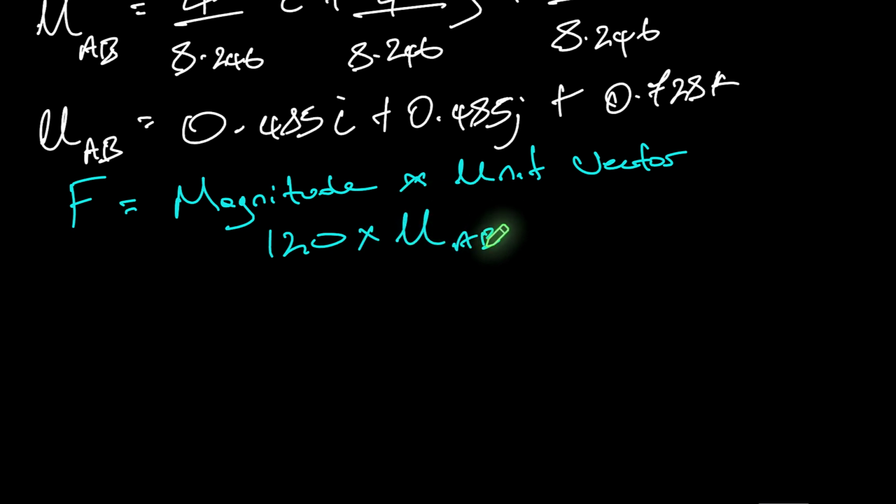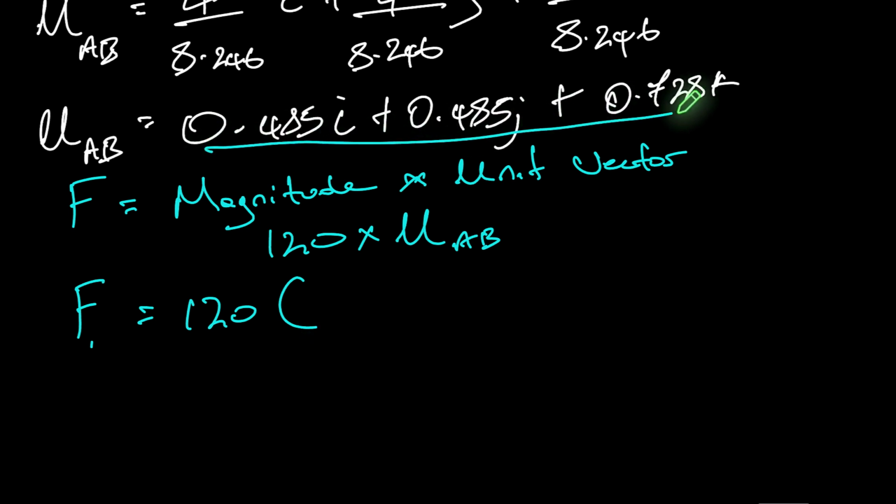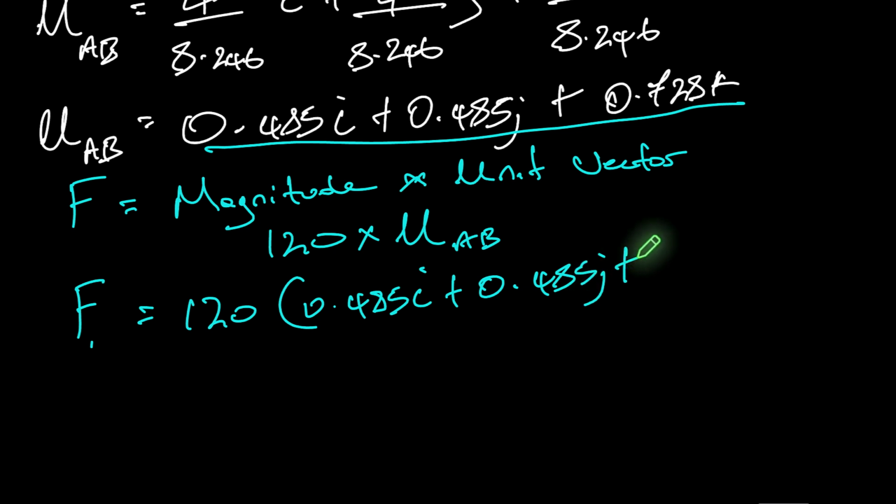F1 equals 120 multiplied by 0.485i plus again 0.485j plus 0.728k. So we're just going to expand this as a bracket.